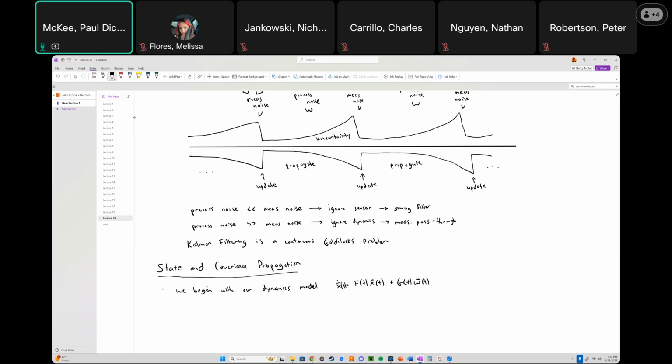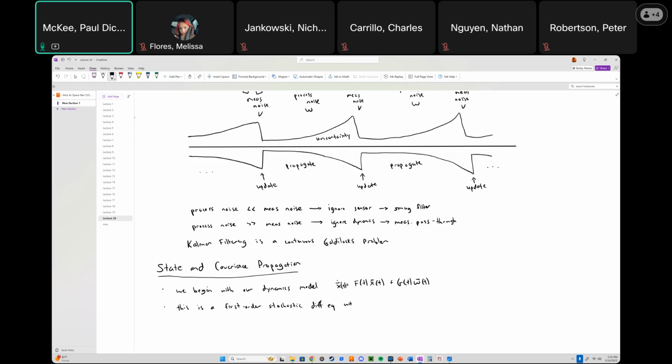So that's our dynamics. So this is a first order stochastic differential equation.